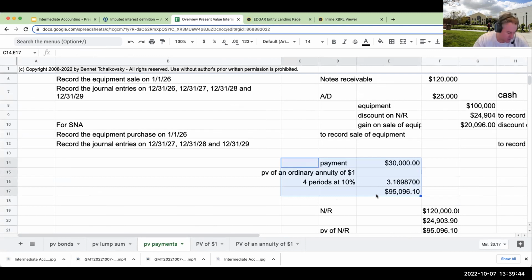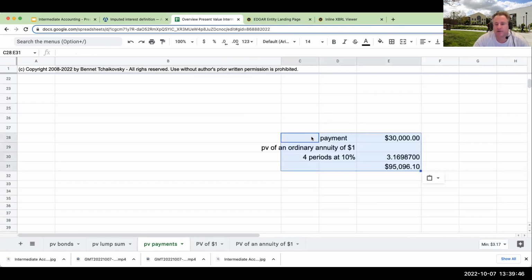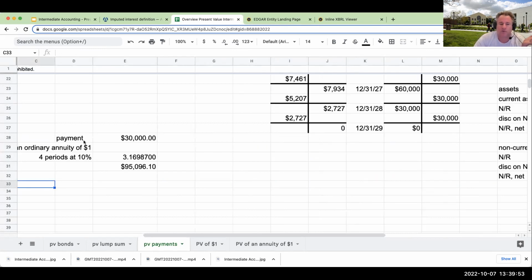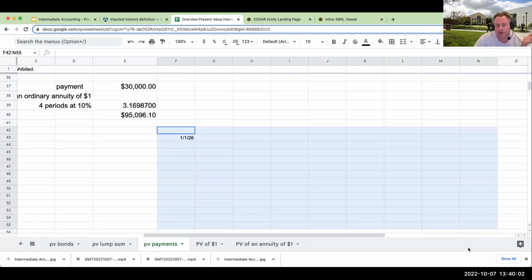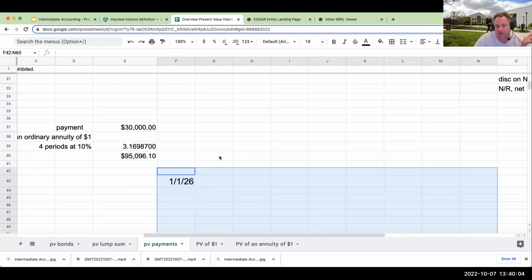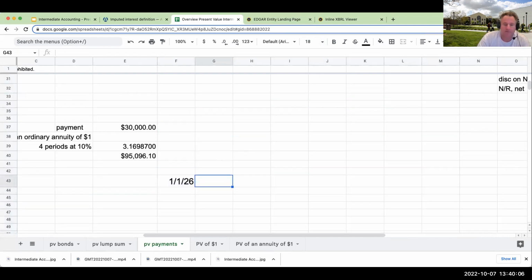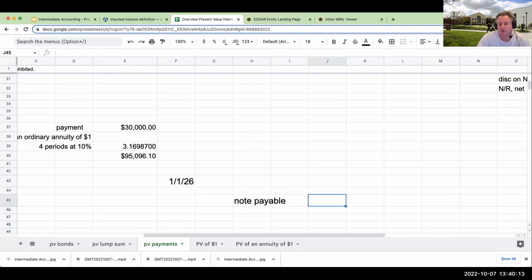Okay. So now over here, I'm pretty much doing the same deal, but I'm now going to be doing this from the perspective of purchasing the equipment. So when I'm buying the equipment on 1/1/26, I'm going to say, okay, I'm giving PAE a note payable for 120,000.